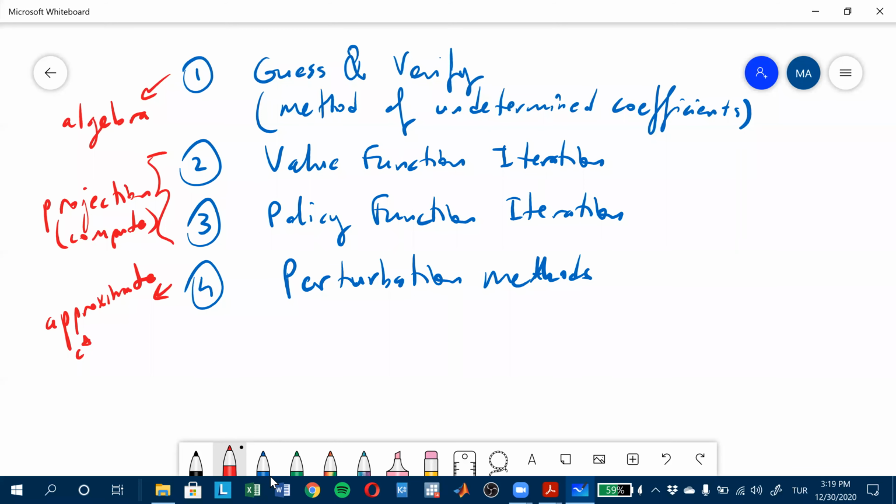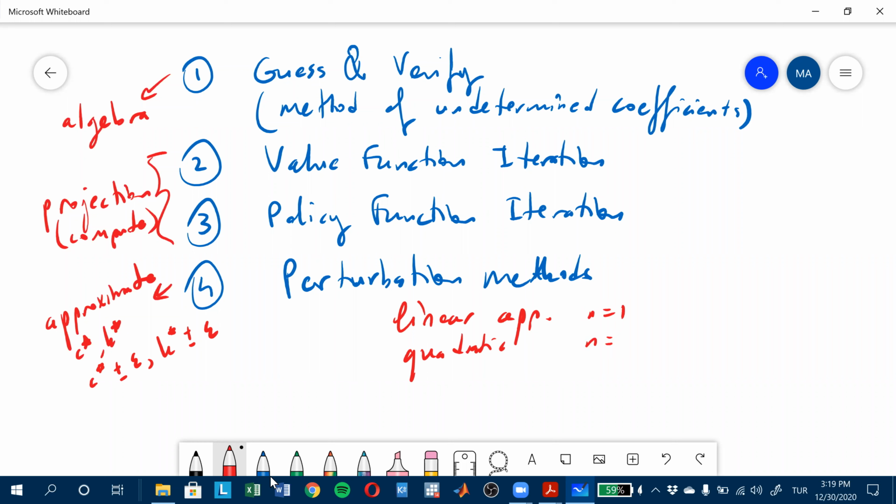So if there's a steady state, you're going to perturb the system in such ways that you can characterize the solution, okay? There could be linear approximation, quadratic, or even higher order, okay?